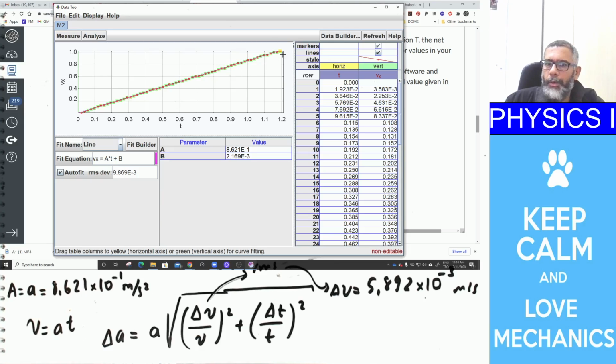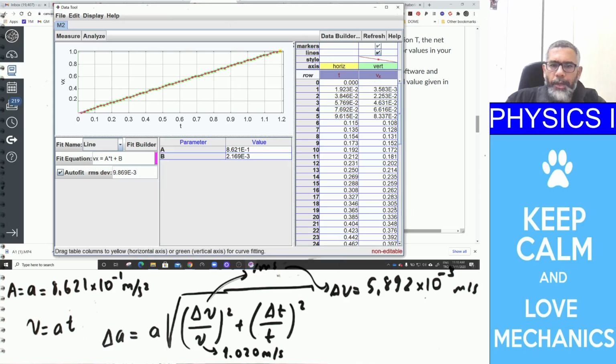On this yellow label, the second number, Vx, is the last velocity value, which I read as 1.020 meter per second. Okay, that's it.